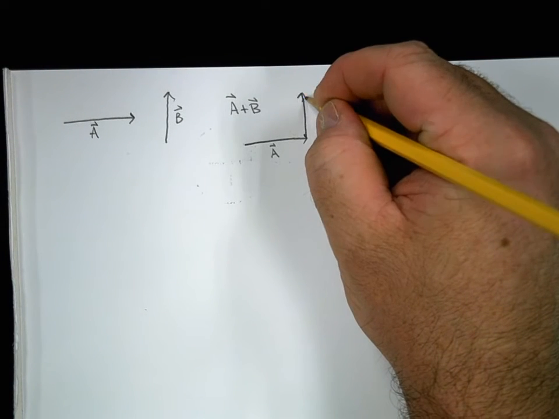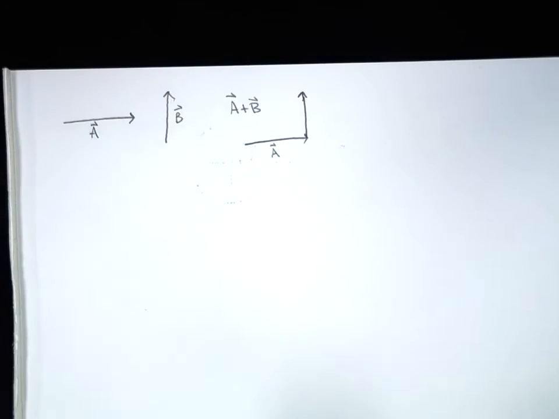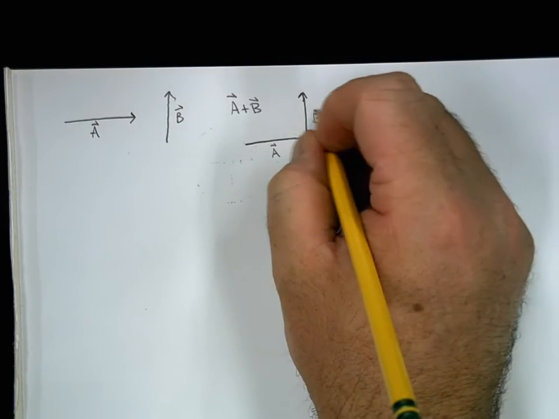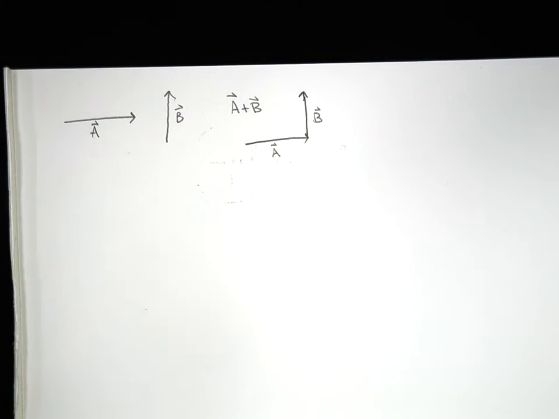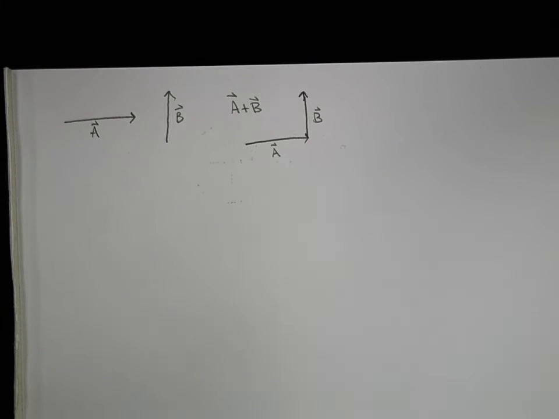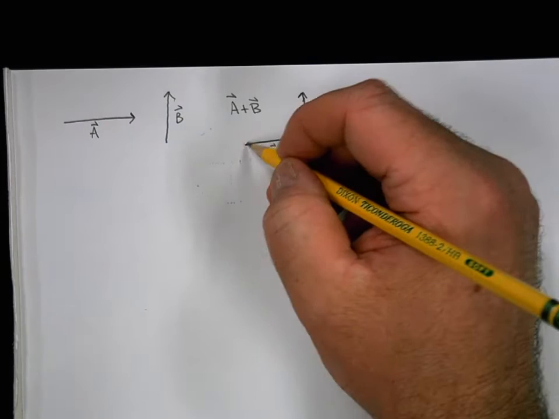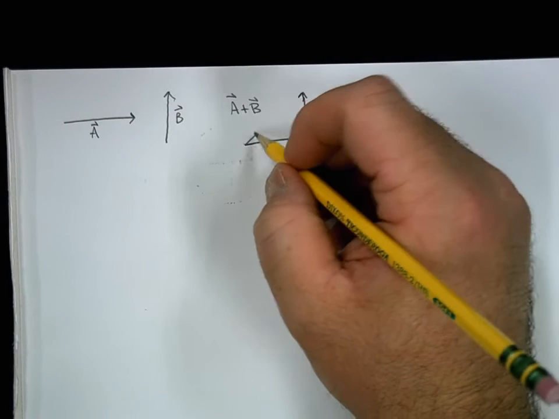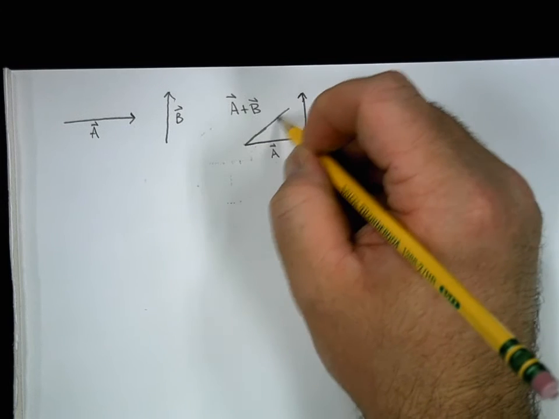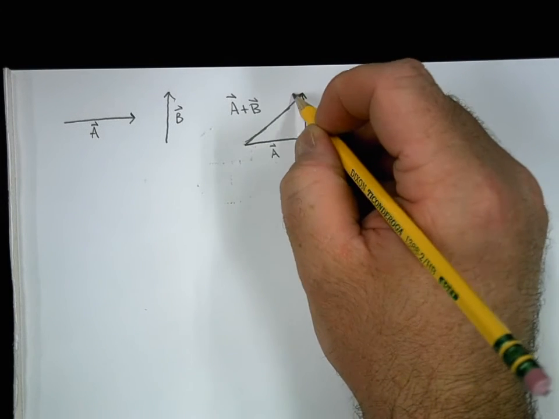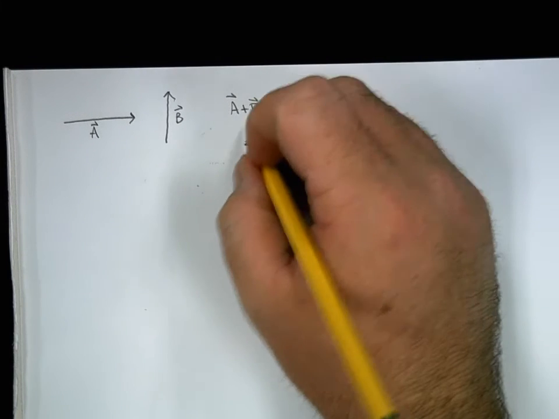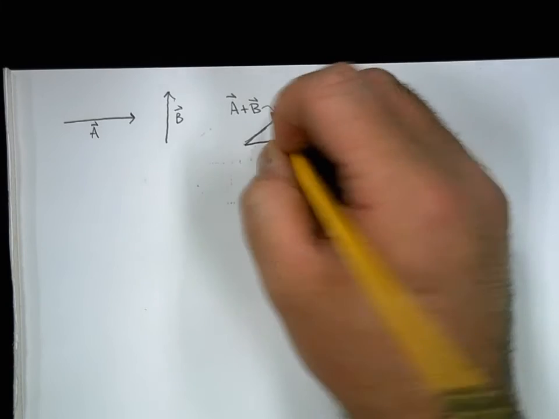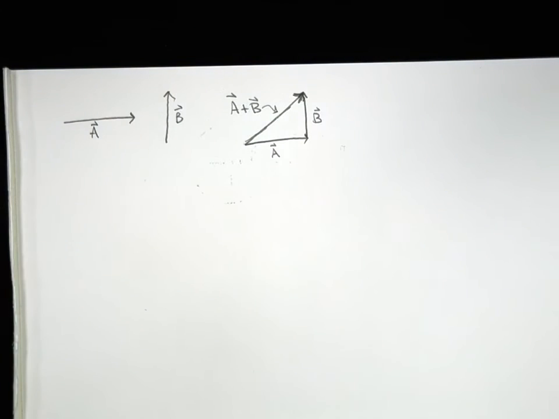And this is B. That gives us this vector, which is vector A plus B, because we added them up tip to tail.